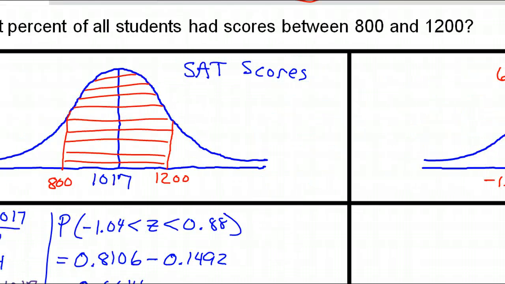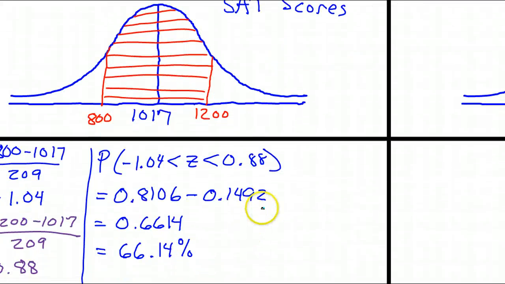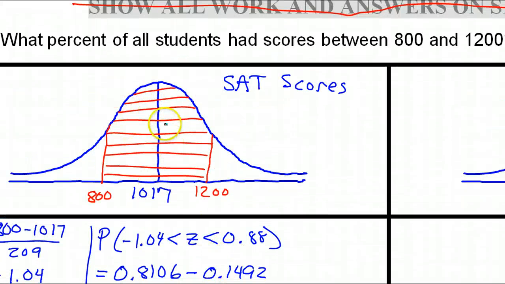And that should be the same for the SAT scores as well. So 66.14%. Time for the complete sentence. What percent of students had scores between this and this?